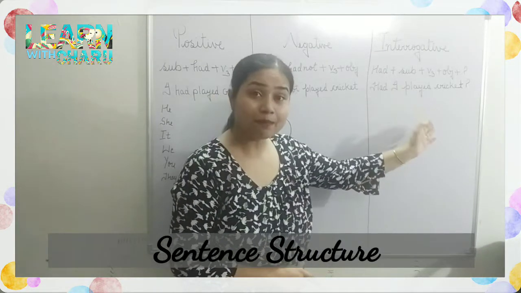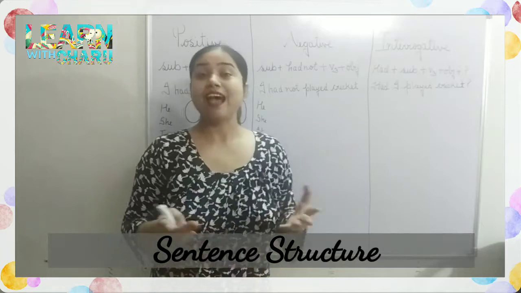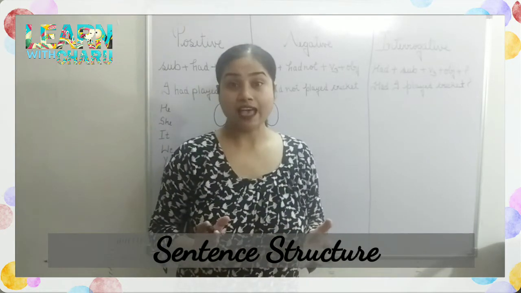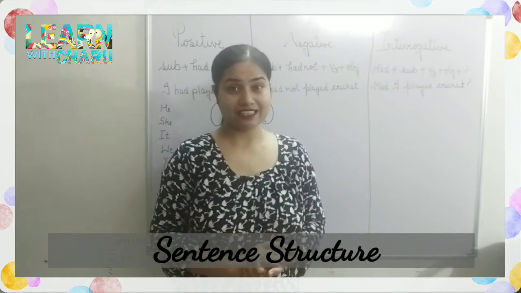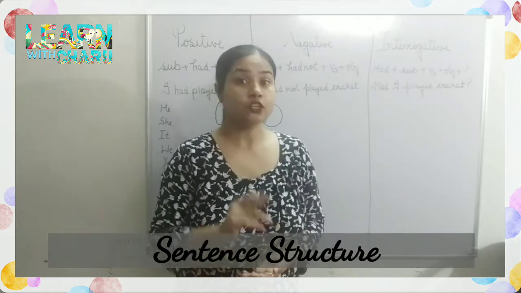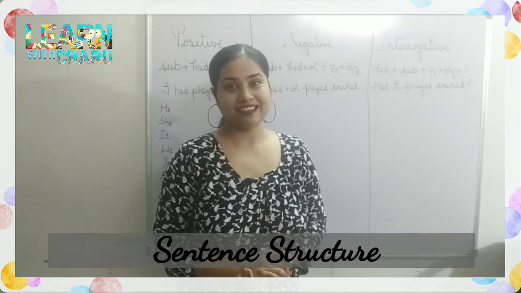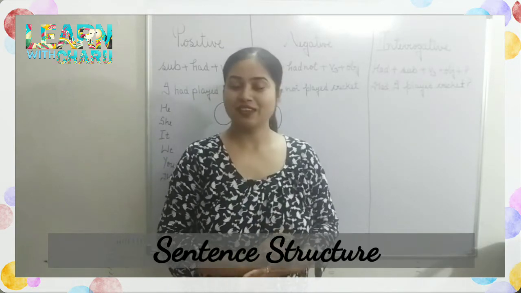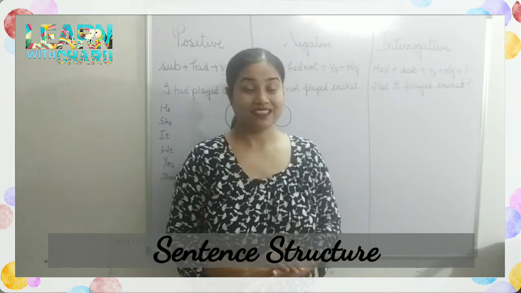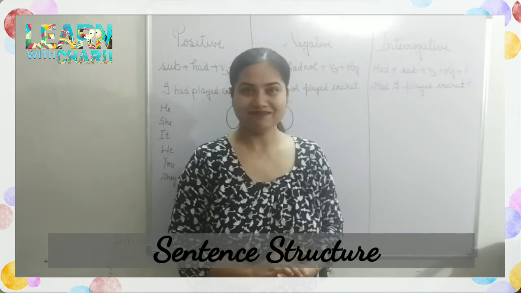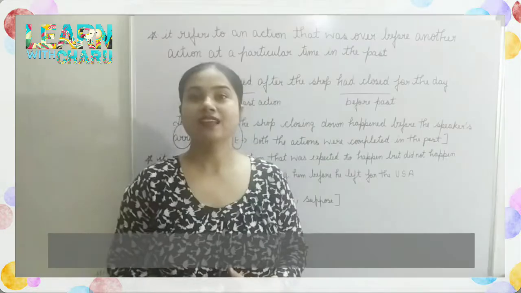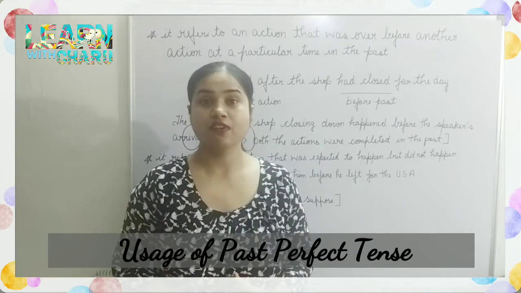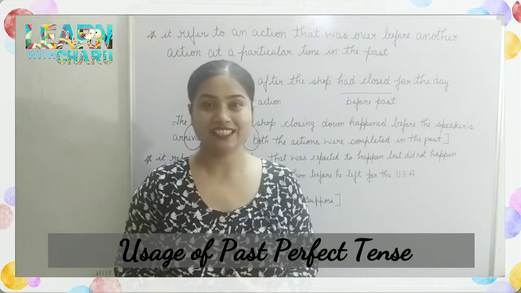Had he played cricket? Had she played cricket? Had we played cricket? Had you played cricket? And had they played cricket? Isn't it very simple? Now, let's understand the usage of past perfect tense.